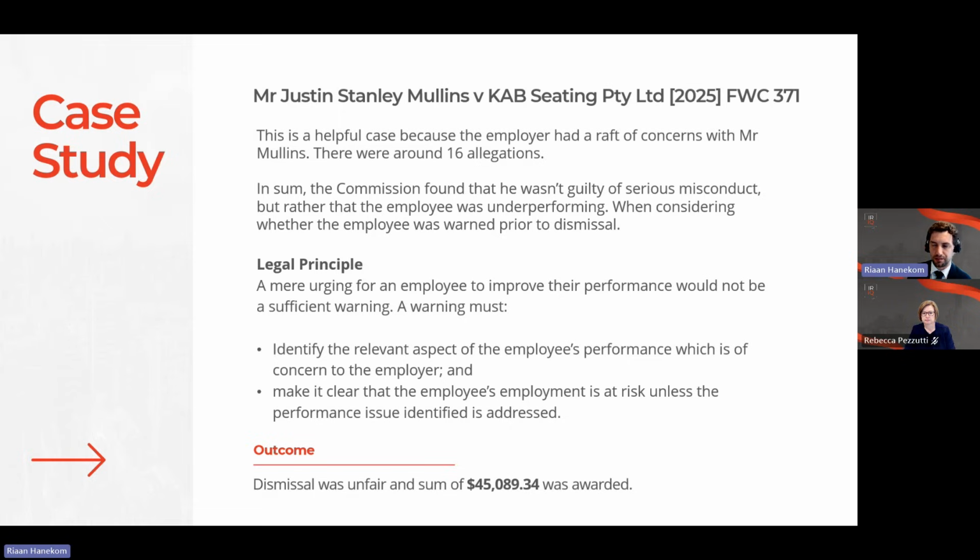And as you can see, ultimately, because the allegations spanned quite a broad spectrum of events, and because the employer didn't follow their own policy and procedure, the dismissal was held to be unfair, and a sum of $45,000 was awarded, which is pretty significant in an unfair dismissal matter.